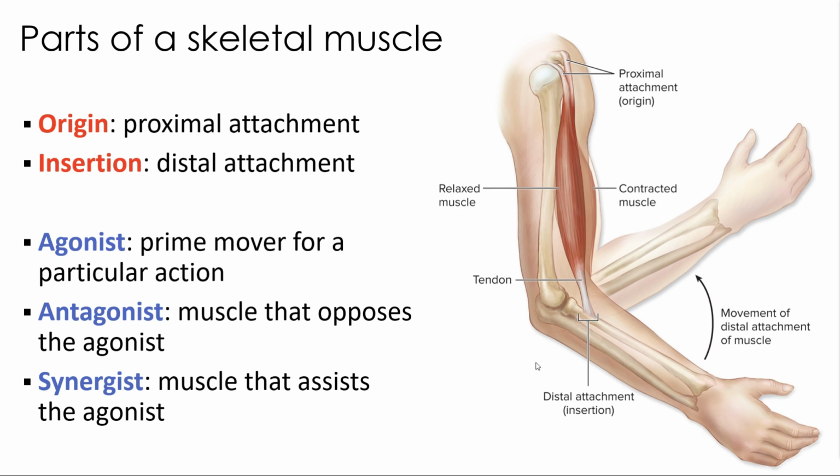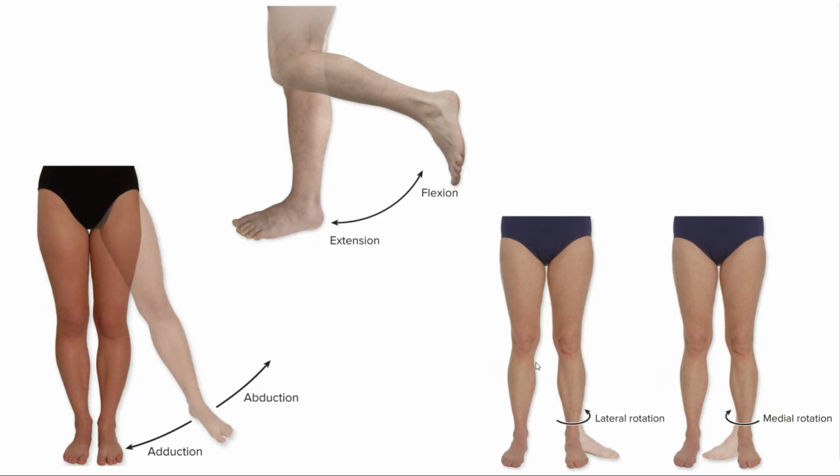So what kind of actions are we going to be talking about here in the lower limb specifically? Muscles of the lower limb will contribute to several categories of actions. Flexion, such as you can see in the top picture here. This is illustrating the difference between flexion and extension of the knee. Flexion occurs when there is a decrease in the angle between two body parts.